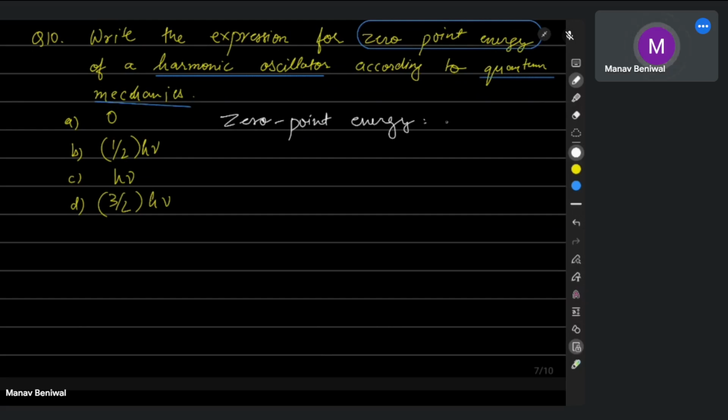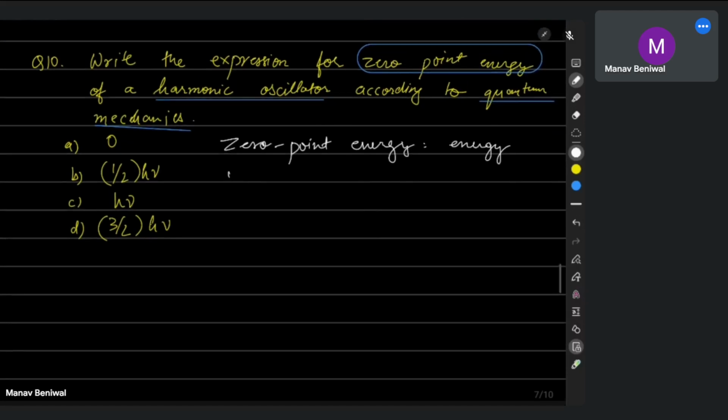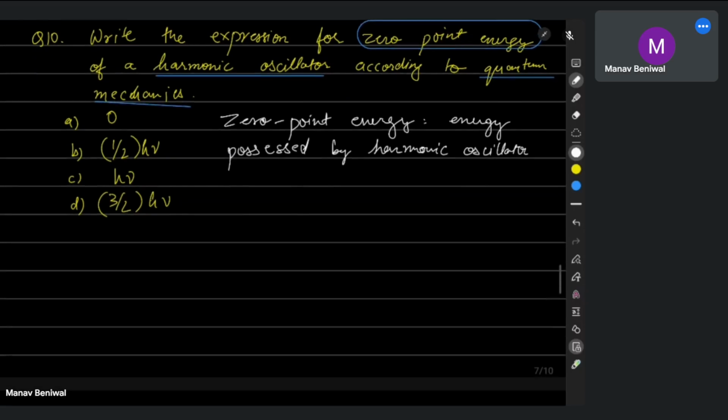So it is energy possessed by a harmonic oscillator, like a molecule, for example, at absolute zero, basically zero Kelvin.